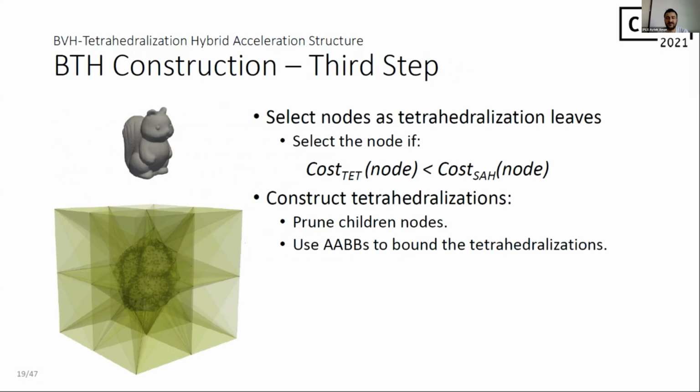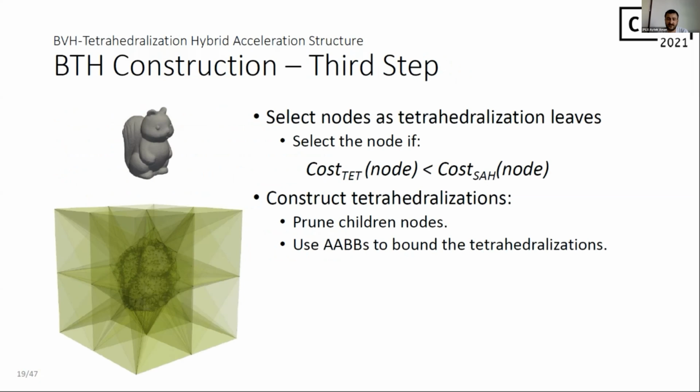So once we have the BVH, we just need to decide in which nodes we need to have tetrahedralizations. So we select the node if the cost of traversing that node is actually better than the cost of traversing that node if it was a BVH node.